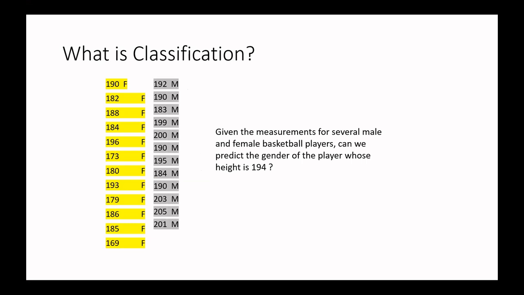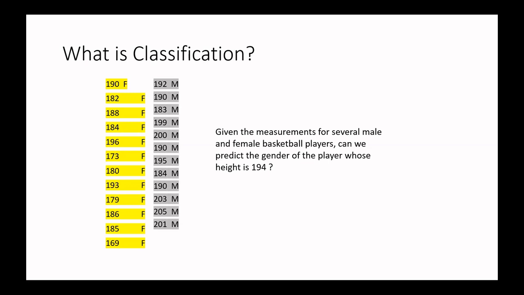A very simple example of classification. Say here you are given two sets of numbers. These are the measurements made for the height, let us say, all right? And these measurements are for two sets of players, female and male players for basketball.